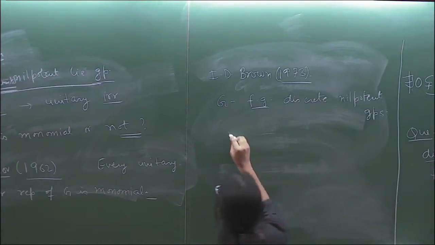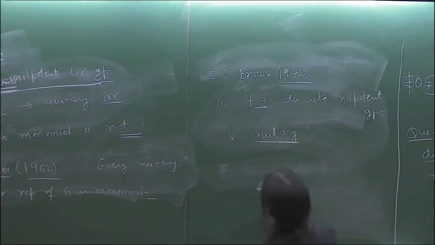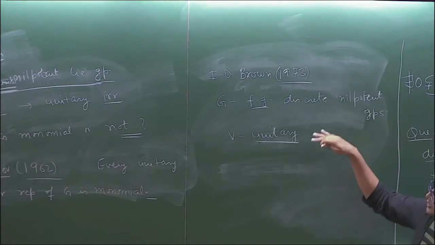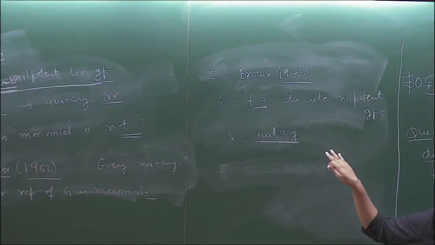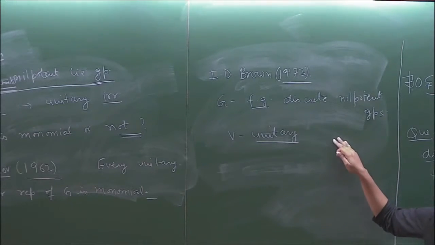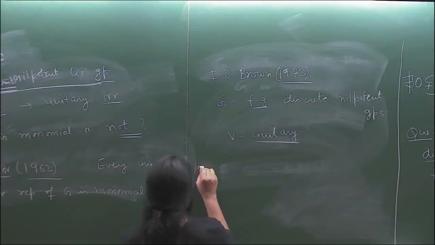So V is still unitary, and he started asking, for these groups, is every unitary irreducible representation monomial? And he gave a counterexample for the unitary case showing that this is not true, and he proved the result.